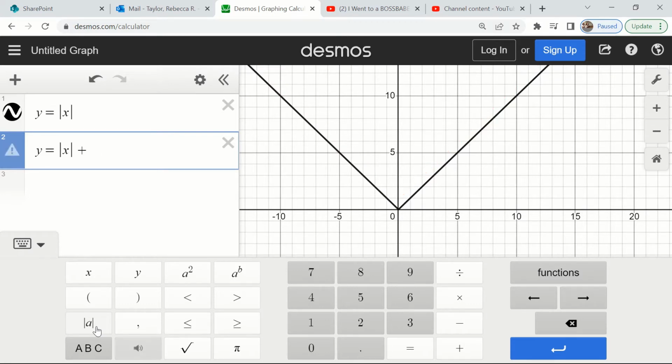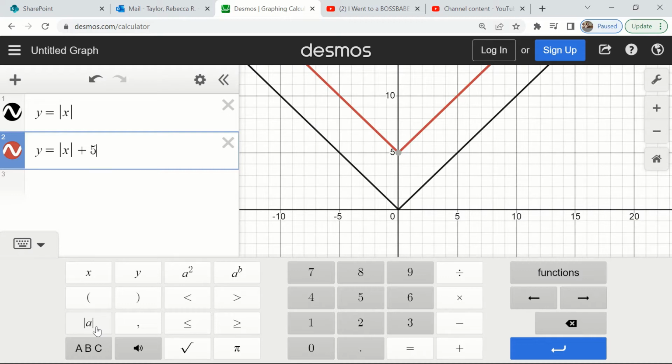If I delete the 1 and make it a 2, it goes up 2 units. If I add 3, it goes up 3. We could do this by building a table, but obviously it's much faster and more efficient to use graphing technology, and we get the point. We get how that number is affecting the graph.